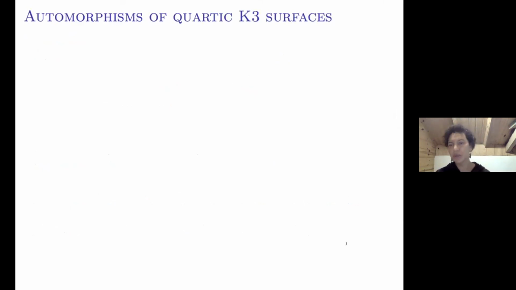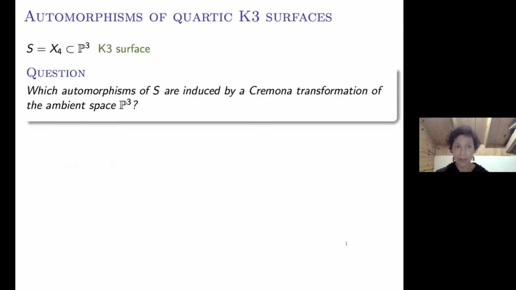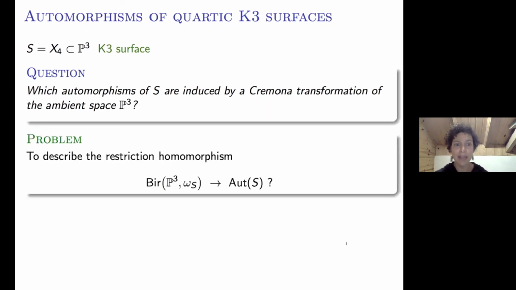Let me just finish by explaining how we want to use this tool in general to describe automorphisms of quartic K3 surfaces. Remember that we had this question: which automorphisms are induced by a Cremona transformation of the ambient space. These tools allow a very concrete strategy to address this problem. If you give me the surface S and I want to understand whether its automorphisms are induced by the Cremona transformations of the ambient space, I want to describe this restriction homomorphism.